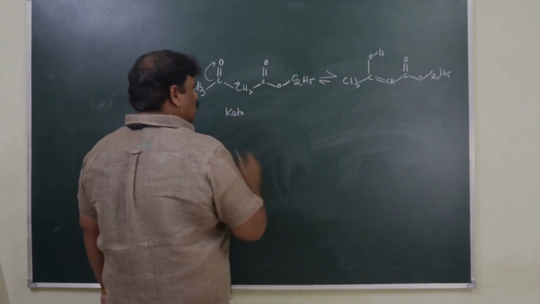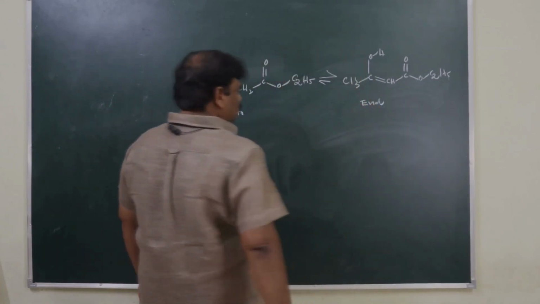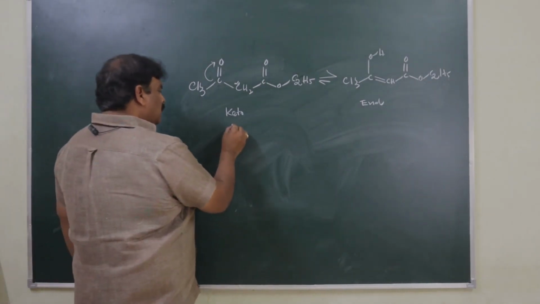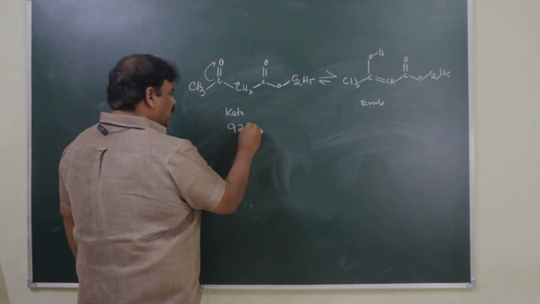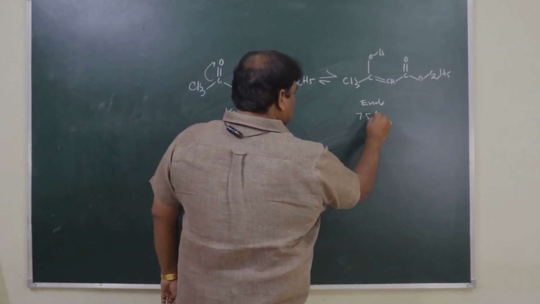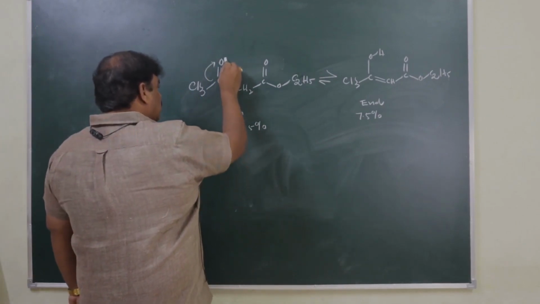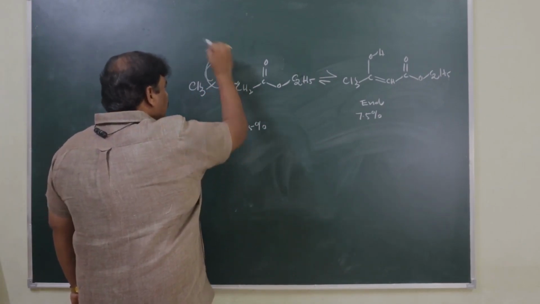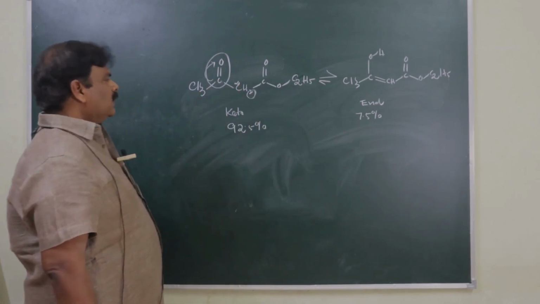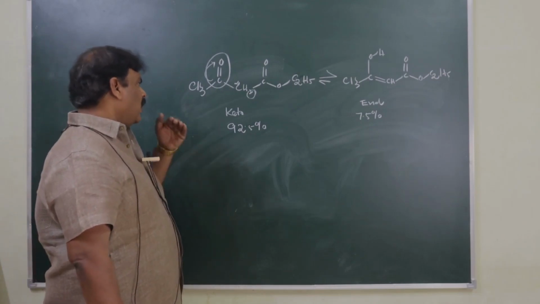This form is called the keto form and this form is called the enol form. Acetoacetic ester exists 92.5% in keto form and 7.5% in enol form. As it has a polar group as well as an alpha hydrogen, it exhibits tautomerism and exists in tautomeric forms.